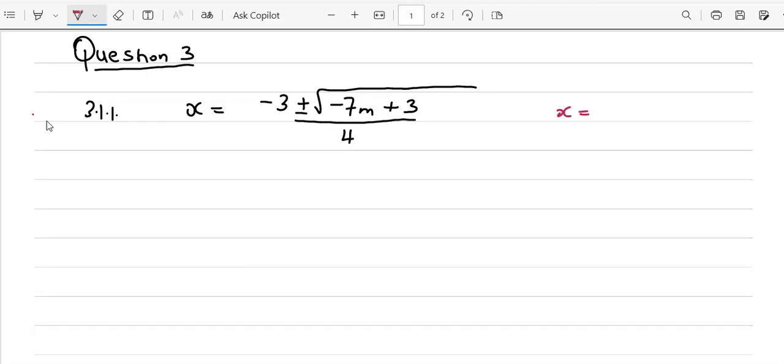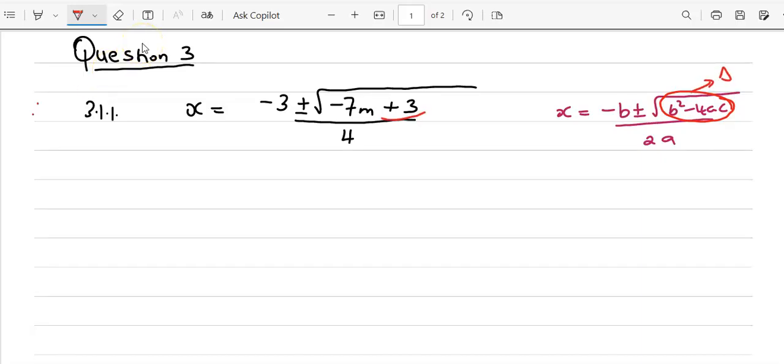If x is equal to minus b plus or minus the square root of b squared minus 4ac, everything divided by 2a, whatever you have inside your square root, b squared minus 4ac, is the discriminant. This is your delta.